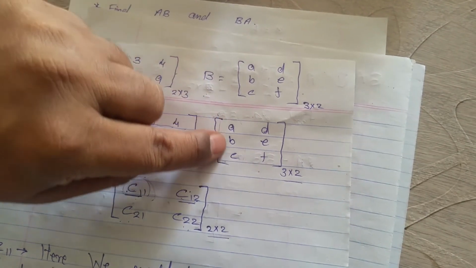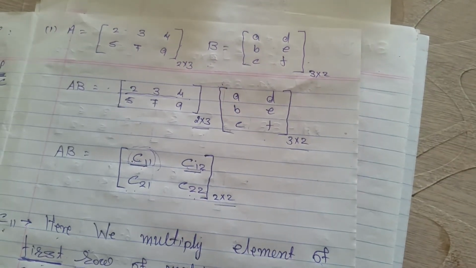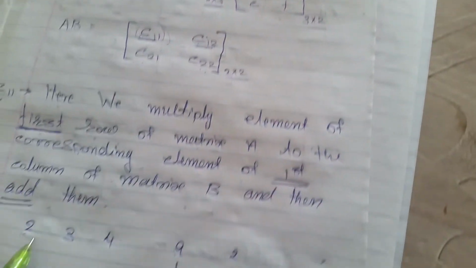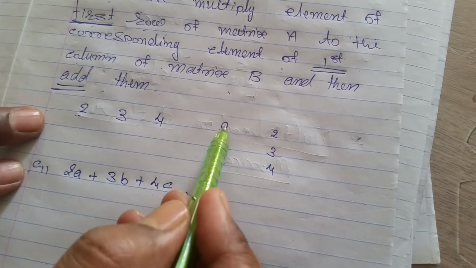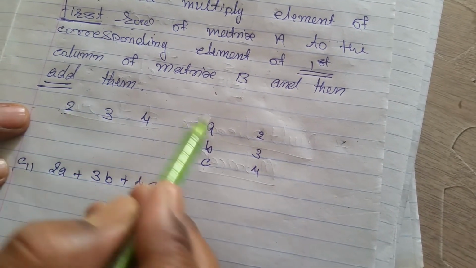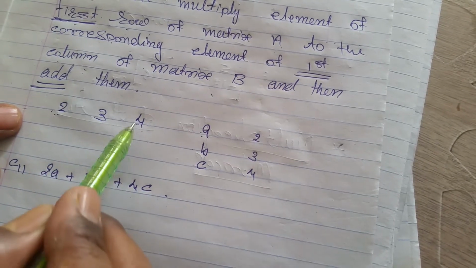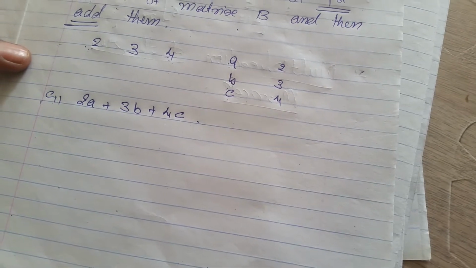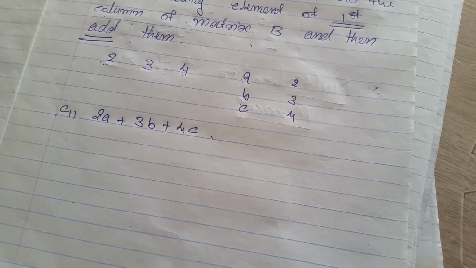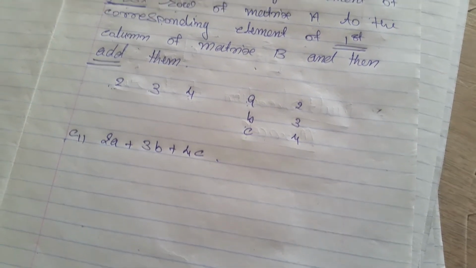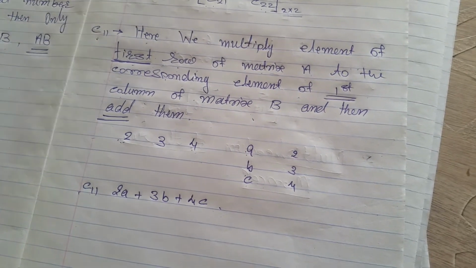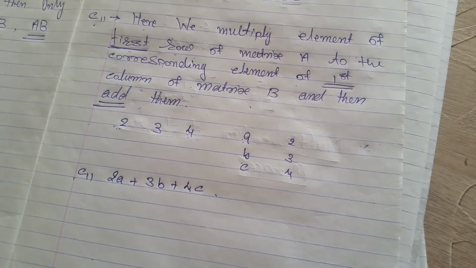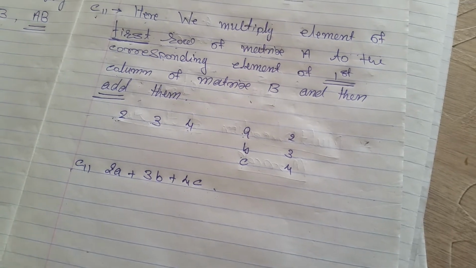The first column of matrix B is A, B, C. You have to think in your mind. You can even express it like this: 2, 3, 4 and A, B, C. These corresponding elements we have to multiply and then add them. Is that clear? Think about this logic in your mind 2-3 times. Identify the elements which are in the first row and which are in the first column.